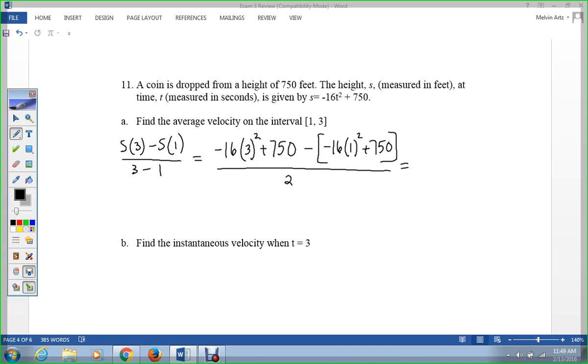So 3 squared is 9, and so 9 times 16 is 144.